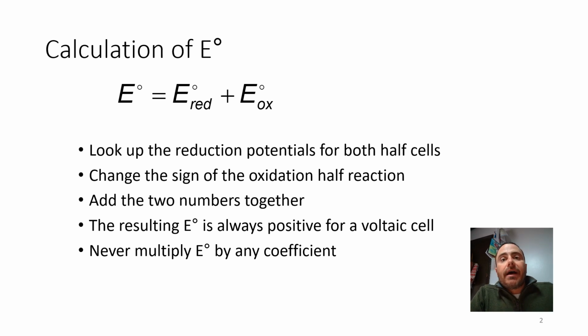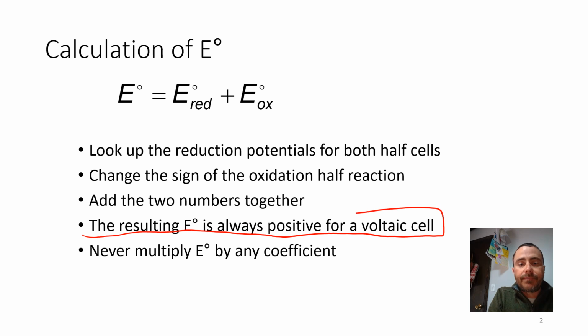Now, if you have a voltaic cell, your value should always be positive. So this seems like kind of a one-off statement here, but it's actually relatively important and can be useful.